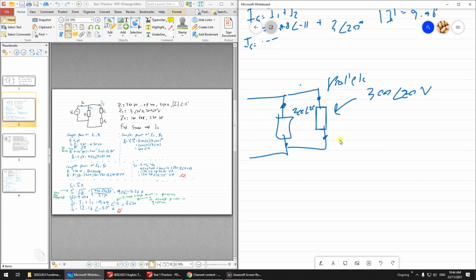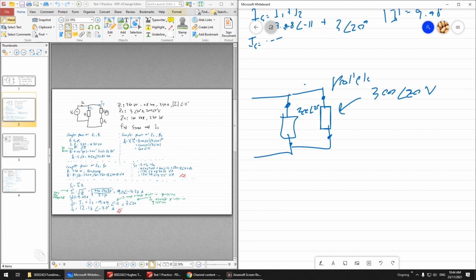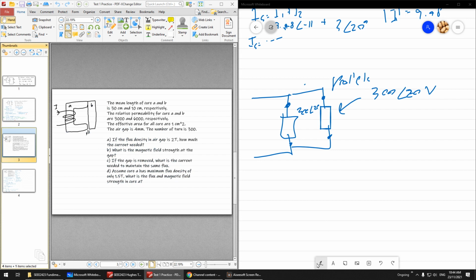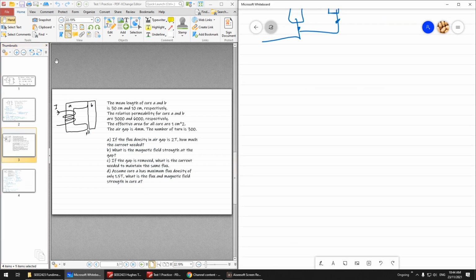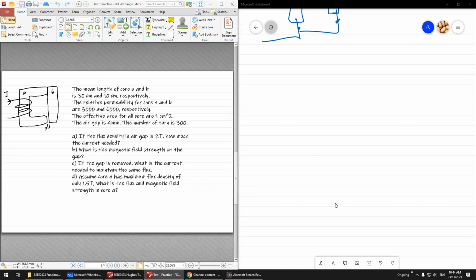So this is for question 1, focus on AC power. And now for question 2, of course, you need to know how to understand the text. Let me make it bigger.